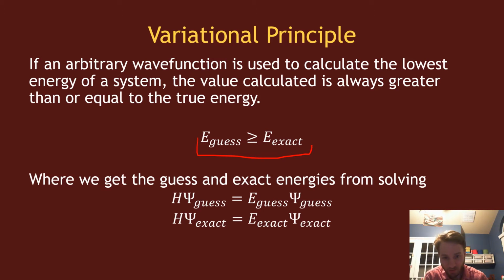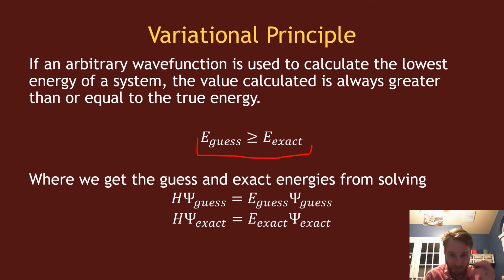So what that's saying is if I guess some wave function for my system, my guess will always have an energy greater than the actual wave function, or equal to it if I guess the true wave function. And so that gives me something that I can try to optimize, try to minimize.